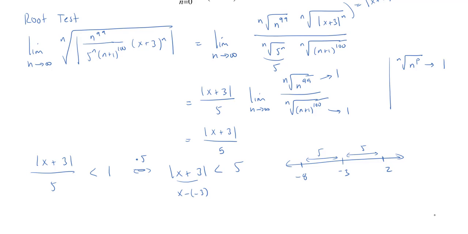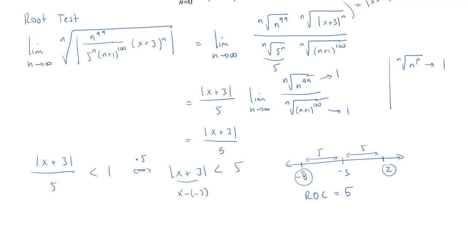I can immediately say that my radius of convergence is 5. Now, we also know that you're going to diverge once you get outside of -8 and 2. The only thing left, and this is where people tend to forget, especially at this part of the semester, is that we need to check the endpoints.